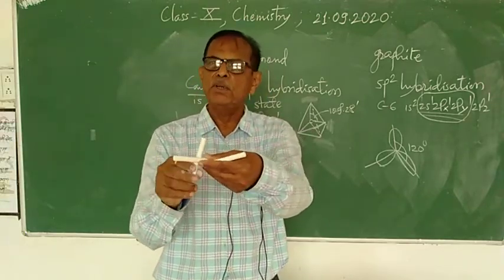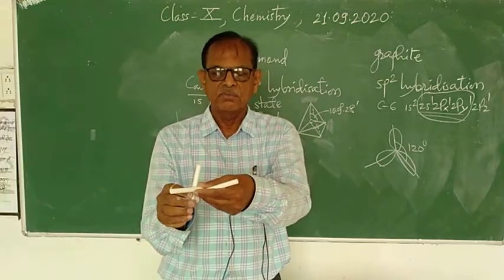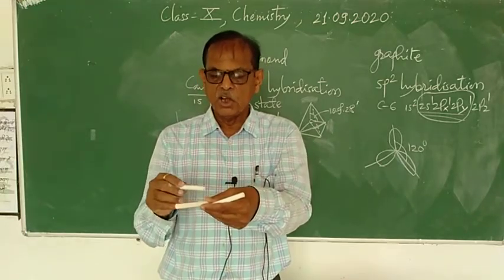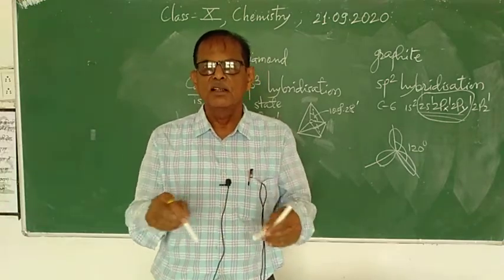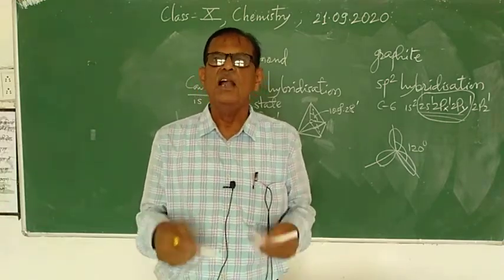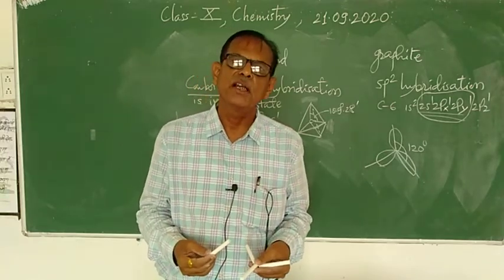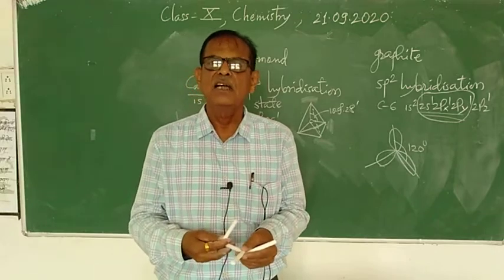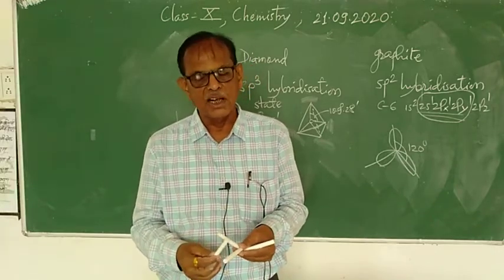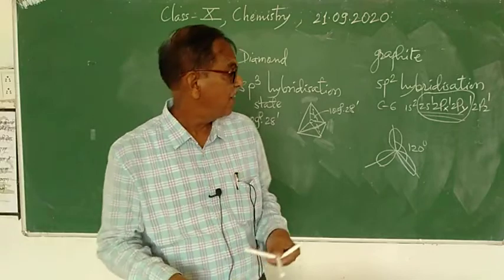The shape of the pz does not change, but 2s orbital, 2px1, 2py1 mix into one another. They redistribute their energy and produce new orbitals of equivalent energy, of equal shape and size. And this is known as hybridization, and particularly here it is sp2 hybridization.